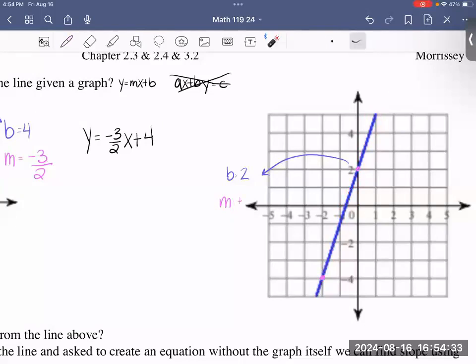So the difference between these points, let's see, if we want to go over 1, 2, so over 2, and up 1, 2, 3, 4, 5, 6. So 2 over, hold on, that doesn't match.